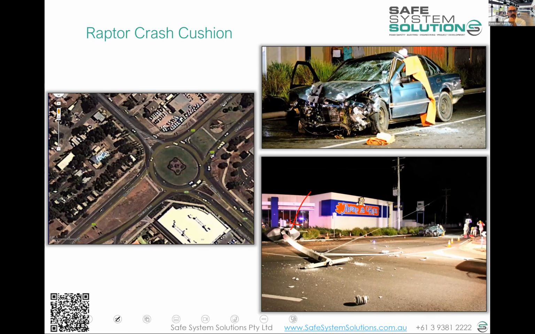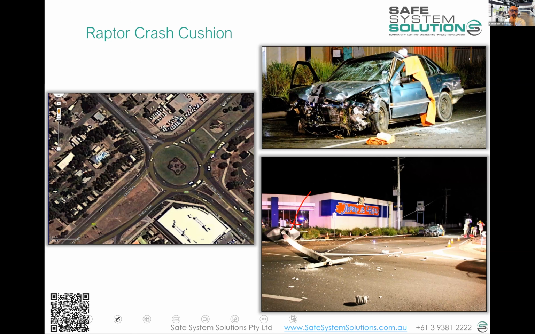This one, 4 young occupants hit it at an estimated 92 kilometers an hour. And they all came out of it with only minor injuries. I mean, that's astounding, considering we know that hitting these things, they're probably lucky they hit it frontal there.